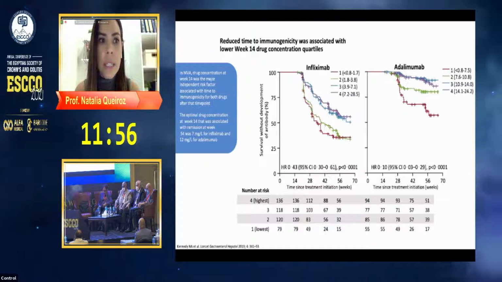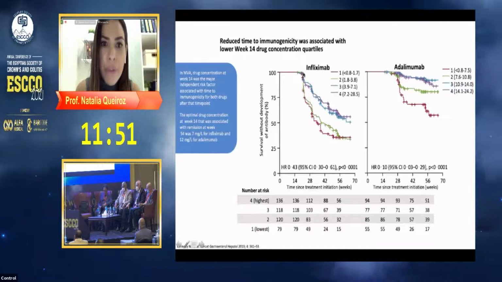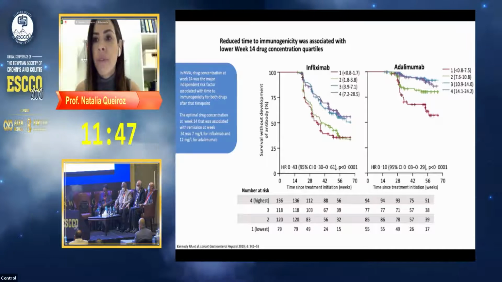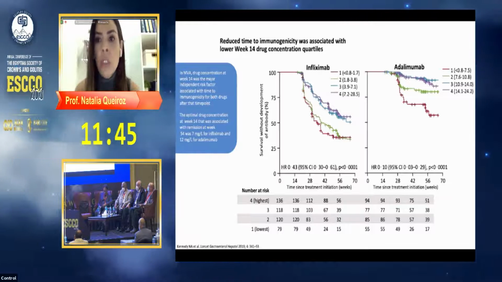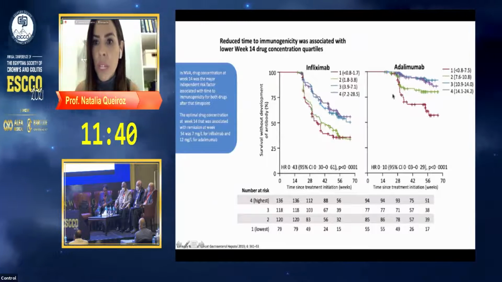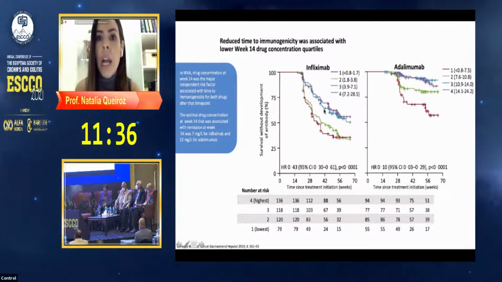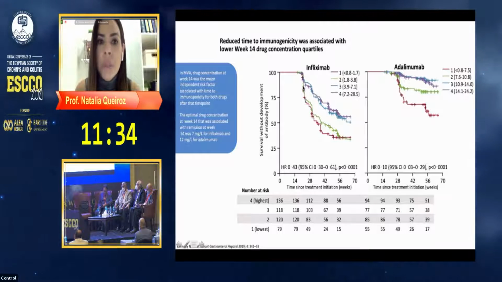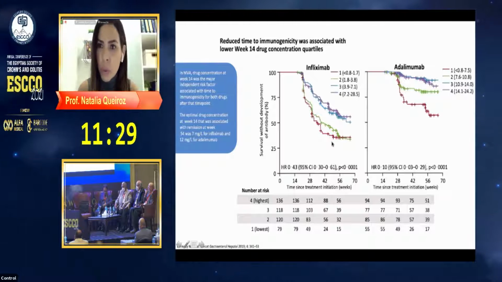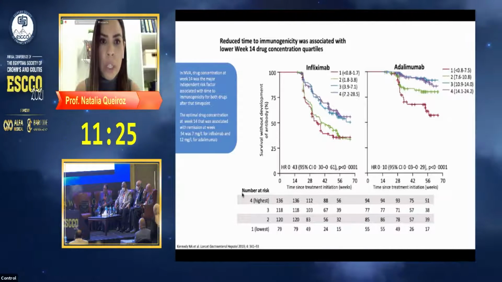In this study, in multivariate analysis, drug concentration at week 14 was the major independent risk factor associated with time to immunogenicity. So patients in the lower interquartiles of drug concentrations at week 14 following induction had a reduced time to immunogenicity. So the induction phase is really crucial. It's really when we have to act proactively in those patients.